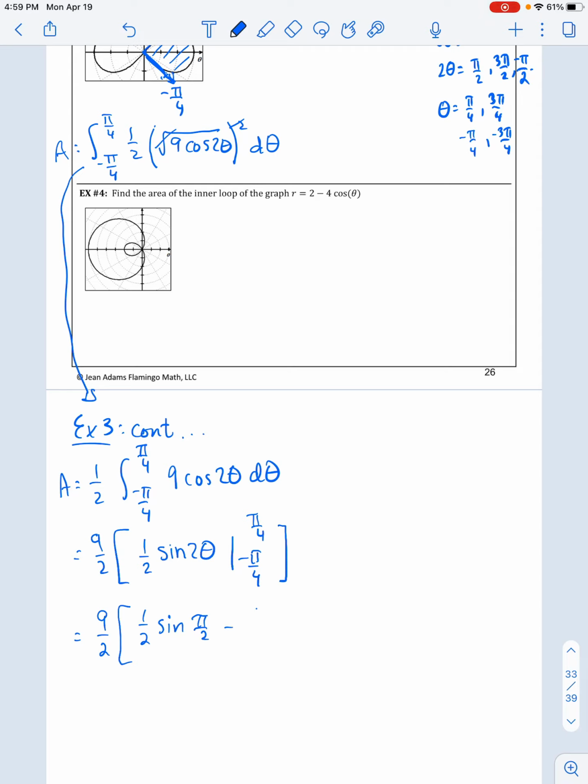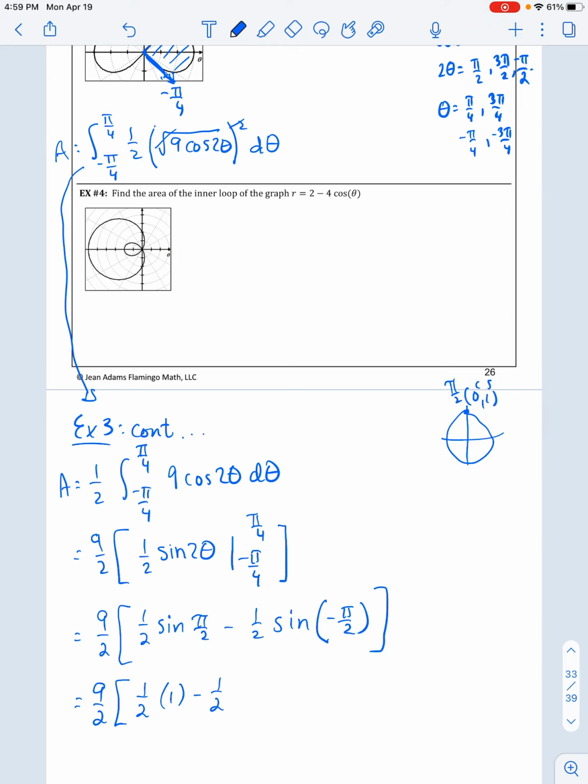So I have 1/2 sine of pi over 2 minus 1/2 sine of negative pi over 2. The sine of pi over 2 is 1, so that's 1/2 times 1 minus 1/2 times the sine of negative pi over 2. Remember, this is 0, 1, cosine, sine. This is pi over 2.